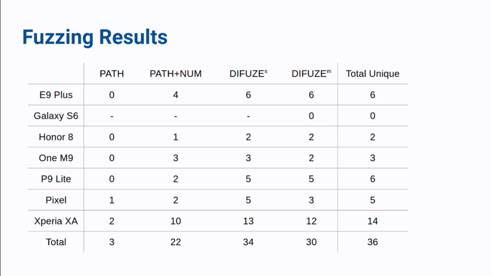But when we gave it the path plus the ioctl command numbers, we were able to get 22 crashes, which is a bit more, but still, you need the full structure information to get the remaining 50% increase, the 34 crashes. And those ones with the structure info will probably be the deeper and more useful bugs than the ones where you just give it the device and the command numbers.